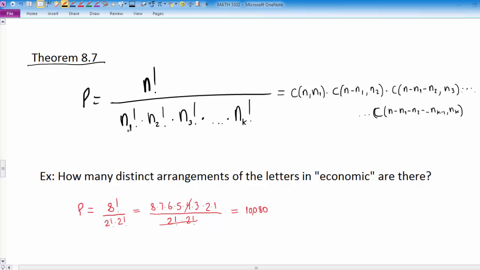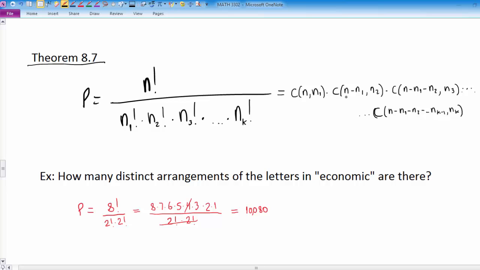Let's say you have n1 apples, okay? So you select n1 slots for your apples. And in those slots, the order doesn't matter. So you select them and you arrange them without order. So that's called combination, right? So out of those n objects, you pick n1 slots, so you can put your apples.